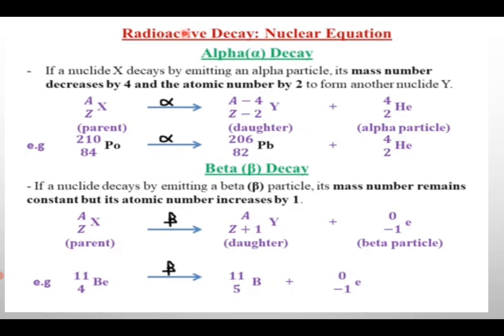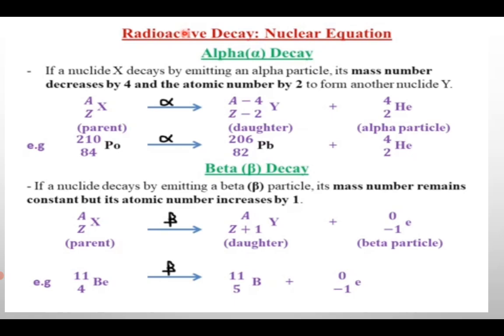So the original element, which undergoes a radioactive decay, the original element or nuclide, is called a parent. A parent, a baba, a bamboo, or mother. Alright, parent. And the resulting new element, which is formed as a result of the decay process, is called a daughter element.